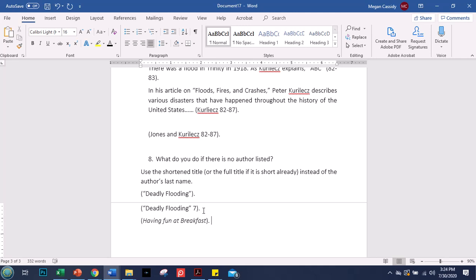So if you happen to find an article for this class that you're not sure about using because it doesn't have an author, just run it past me, because a lot of times it might be a corporate author and you're not aware of it, which brings us to number 9 and our last one.